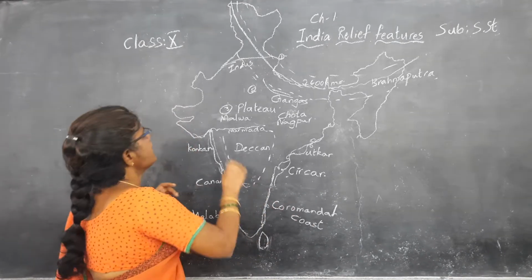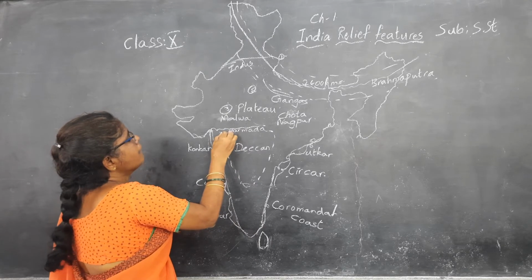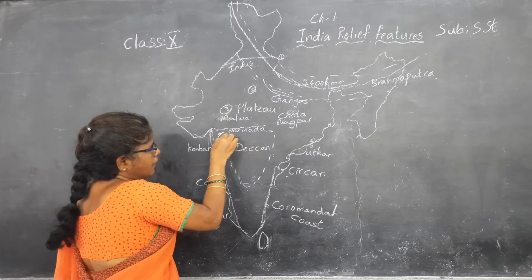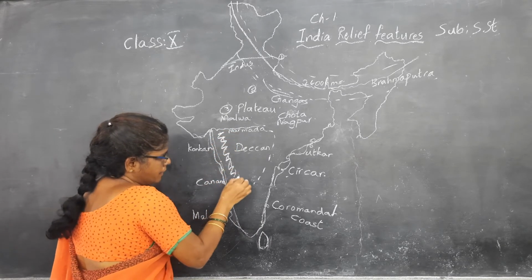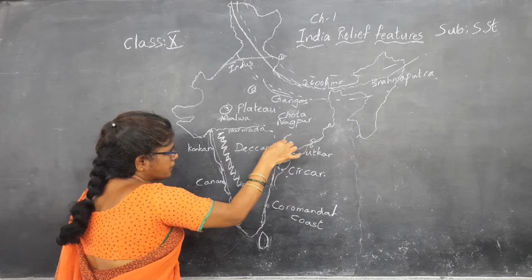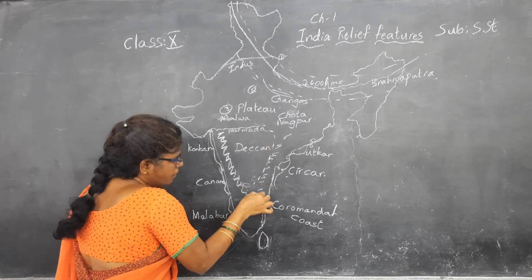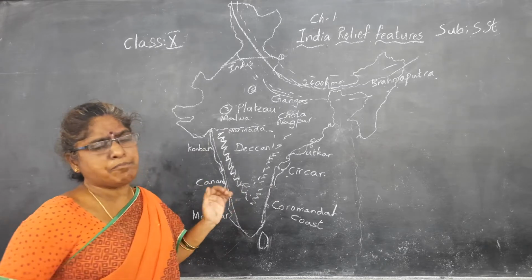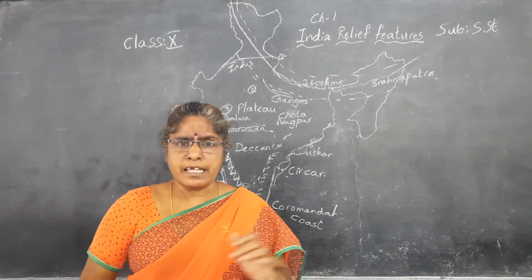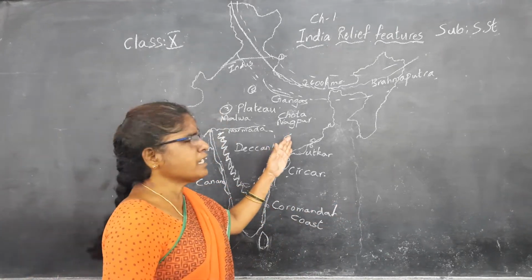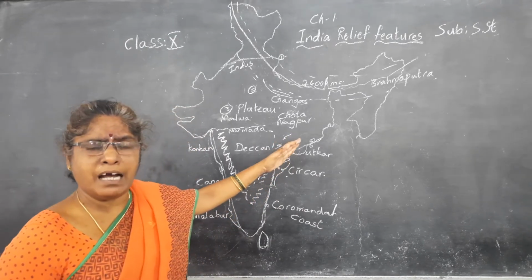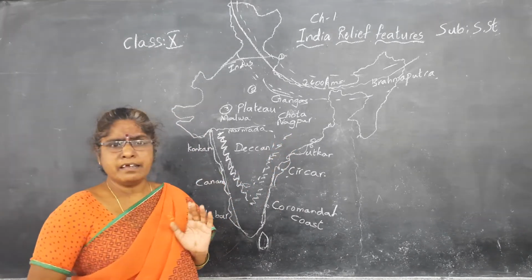Okay, next we have the Western Ghats and Eastern Ghats. Western Ghats run from the Rann of Kutch to the Nilgiri Hills, whereas Eastern Ghats run from Mahadev Hills to the Nilgiri Hills.